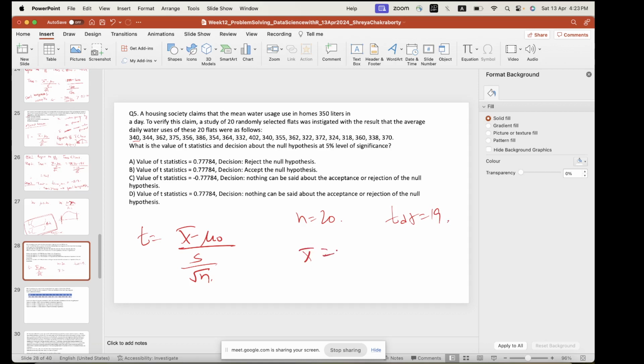What is the value of x bar? What will be x bar?